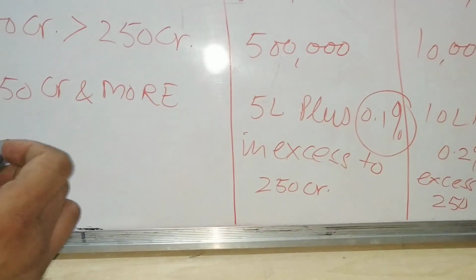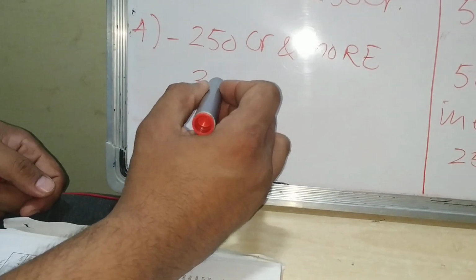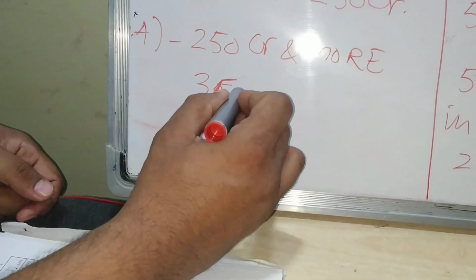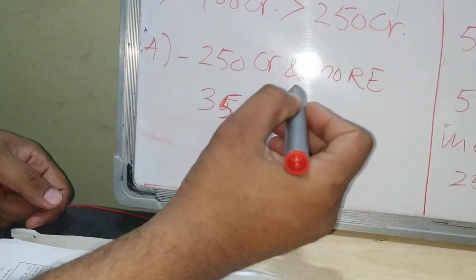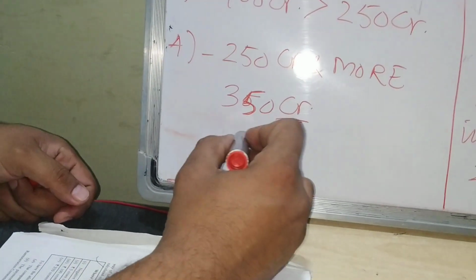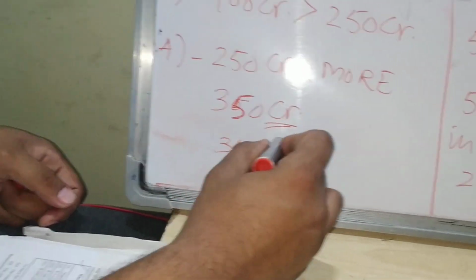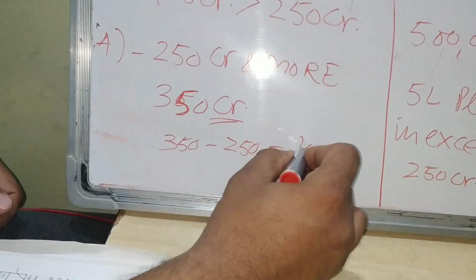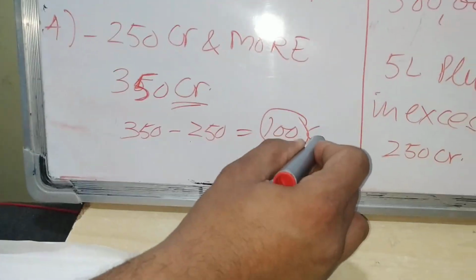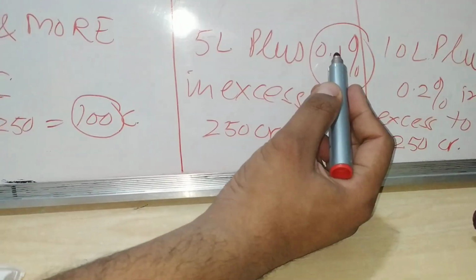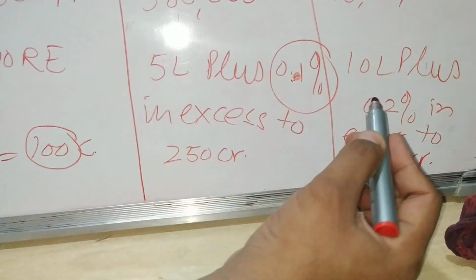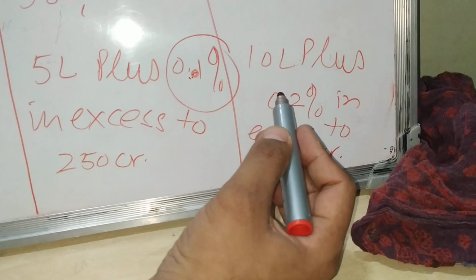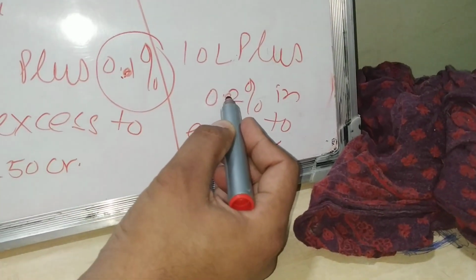So if I say that 350 crore is my effective capital, what is more than that? 350 crore minus 250 crore. So my amount in excess is 100 crore. So 100 crore into 0.01% in the first table. Here, in the second table, it is 0.02%.